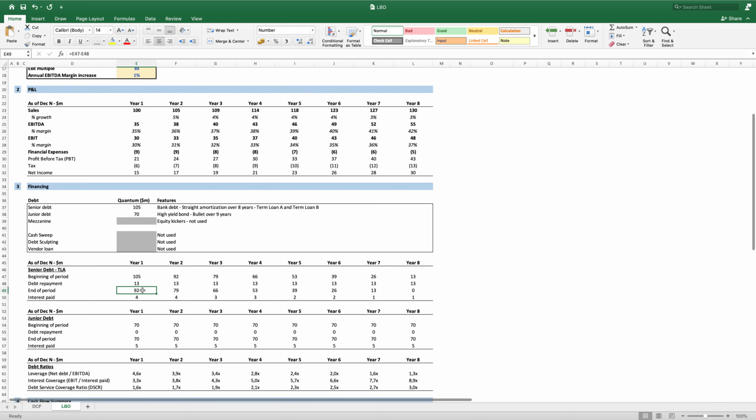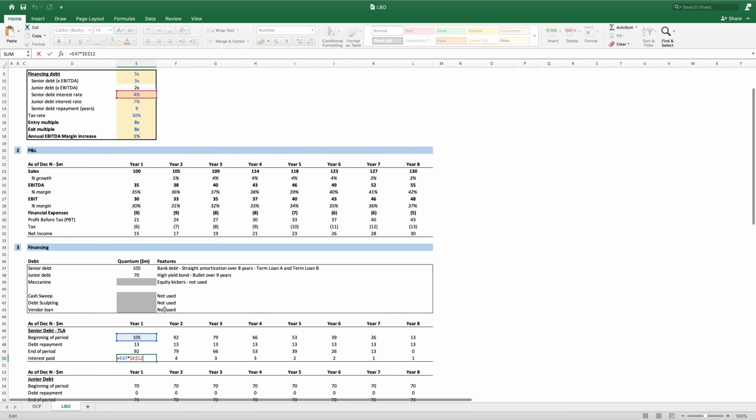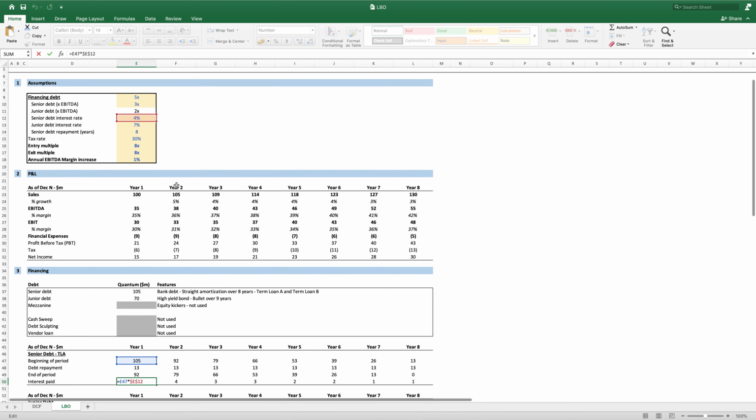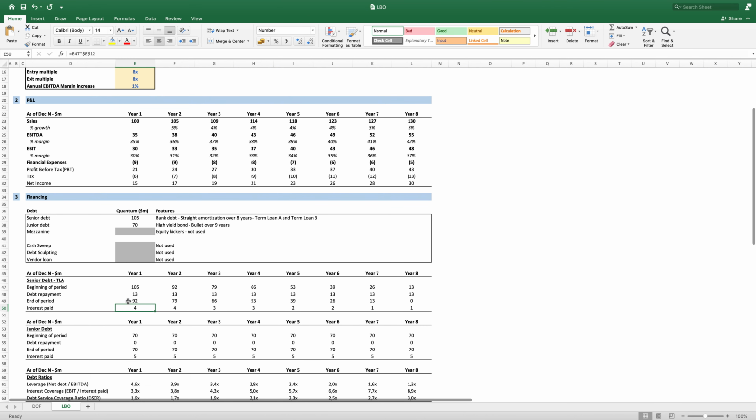And thus, at the end of the period, it's just the amount that you had at the beginning of the period minus the principal that has been repaid. The last line is the interest. So it's the quantum of the debt at the beginning of the period multiplied by the interest rate. So on and so forth.